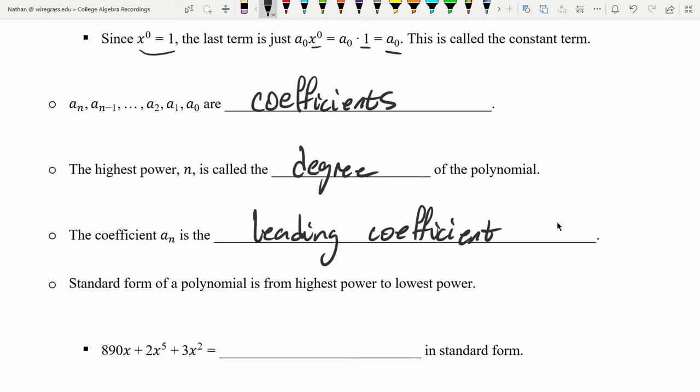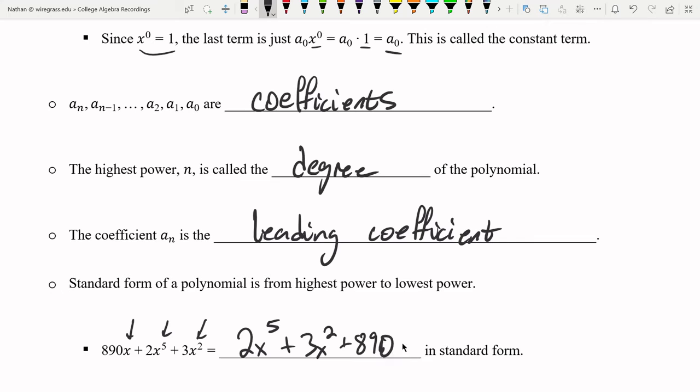Now, the standard form of a polynomial is written from highest power to lowest power. So if you look at this polynomial here, the highest power is 5. That means that this is a degree 5 polynomial. We're going to write that one first. Then the next highest power is 2, so we're going to write that one next. And then finally, the x comes into play.